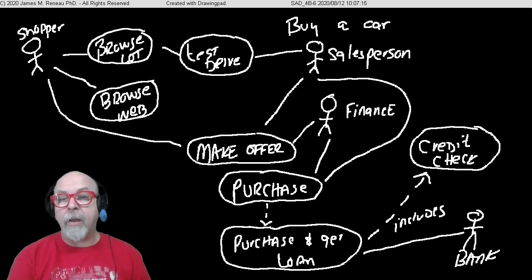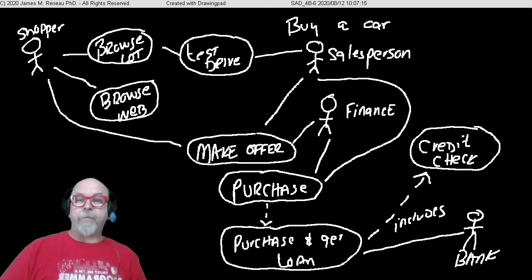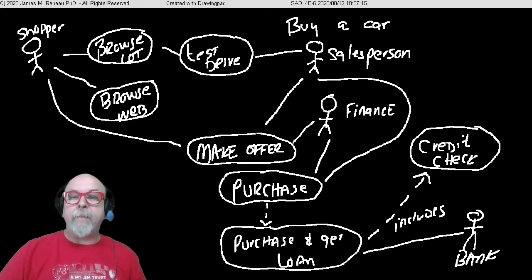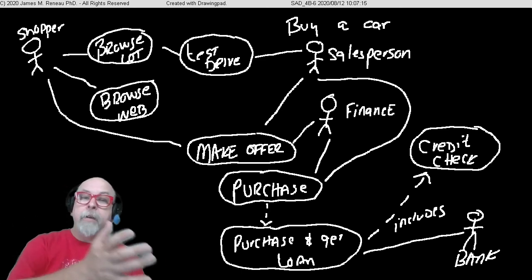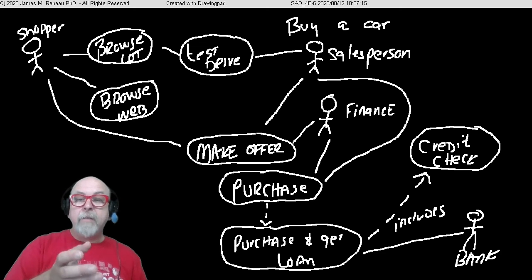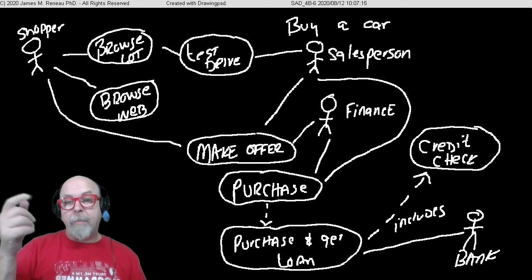The shopper then makes an offer. Whether they buy it online or on the ground, it doesn't matter. The shopper makes an offer, says, yeah, it's got a sticker of blah, blah, blah, I'll give you this. And the salesperson takes that offer and gets the finance person, and they go through the offer and say, no, how about this? And the shopper says, no, how about this?